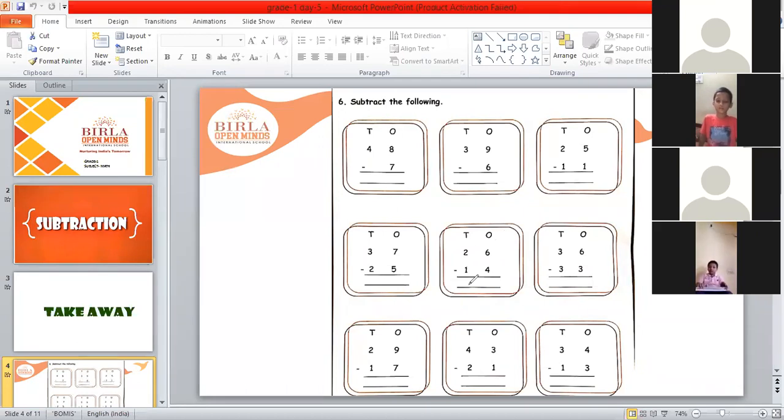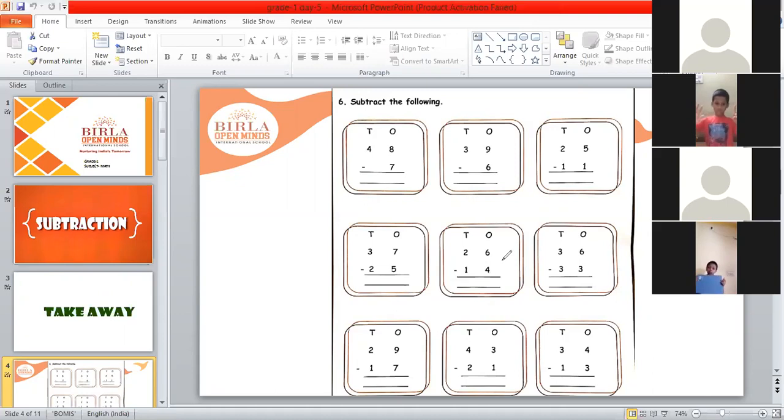Okay. So now tell me, what are the two numbers in ones place? 6 and 4. So now tell me from 6 how many? Show me your 6 fingers. So Suryansh, you should do it yourself.